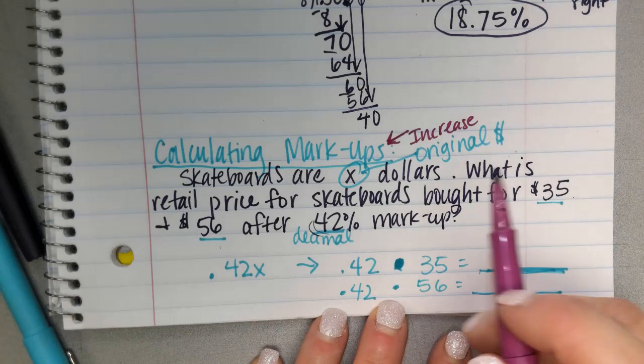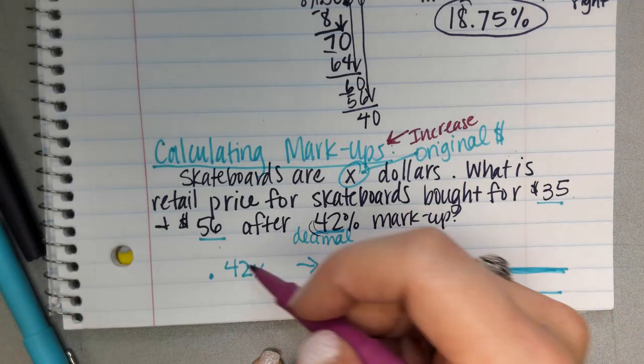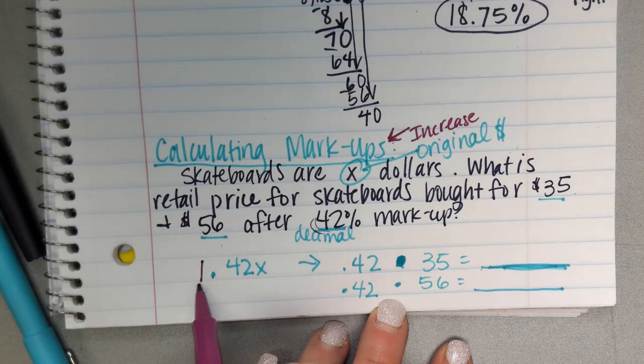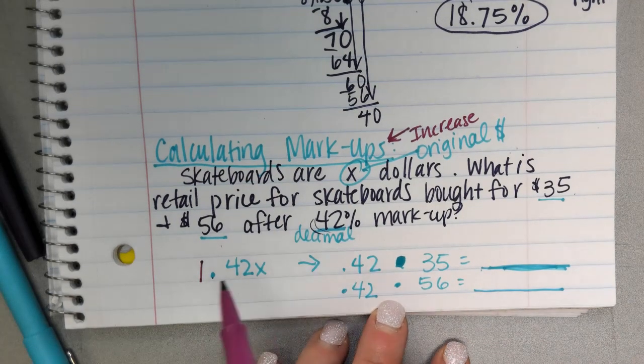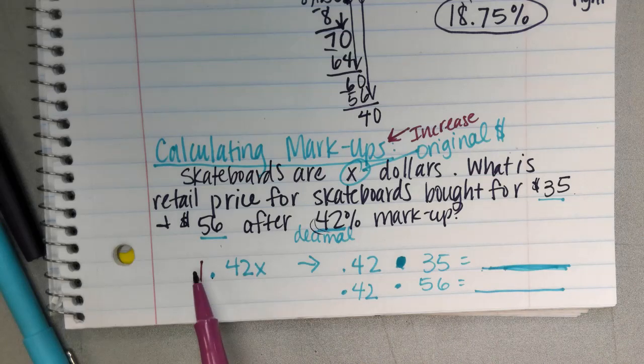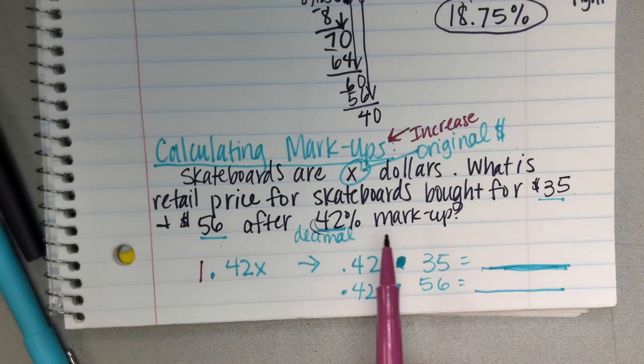I forgot one step. You're going to need to put a 1 in front of this because you're trying to get 100% of the value that you paid plus 42%. So it's actually 1.42. You're marking it up.